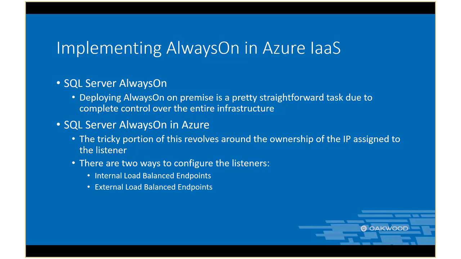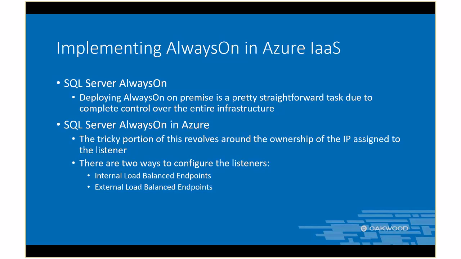There are two ways to configure your listeners. There is now, this is recent as of a year and a half ago, before that it did not exist, the internal load balanced endpoint. And that uses an internal load balancer. And then there's the external load balanced endpoints. So those are the two methods for doing it. I'll touch on differences a little later.